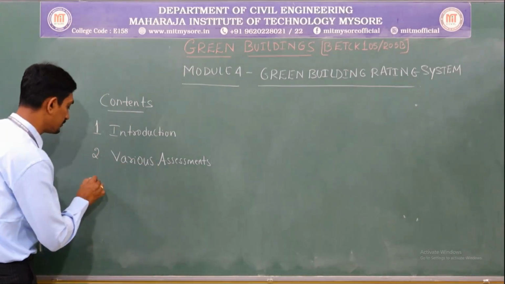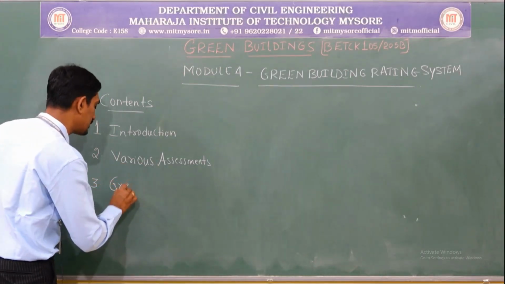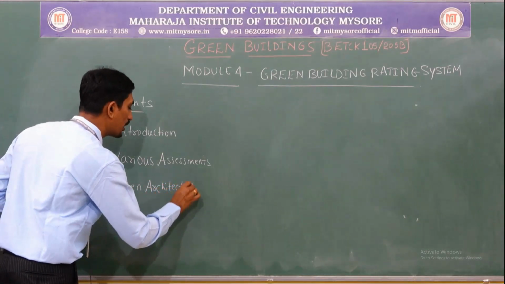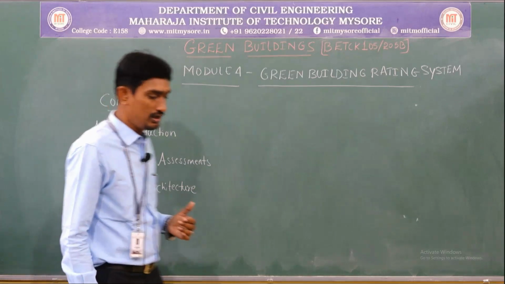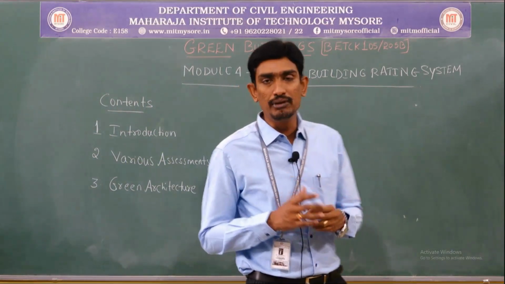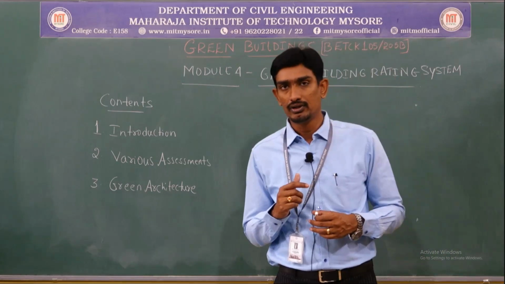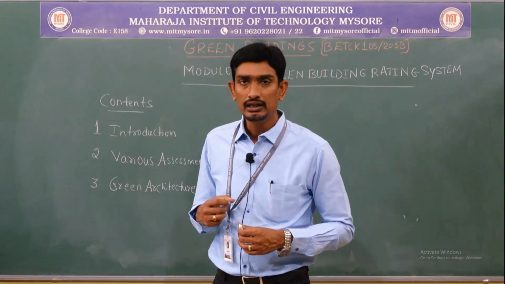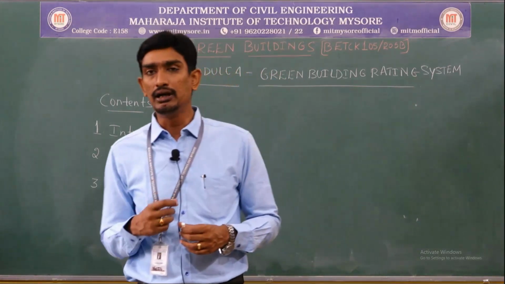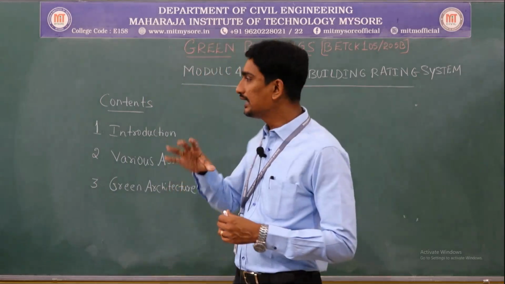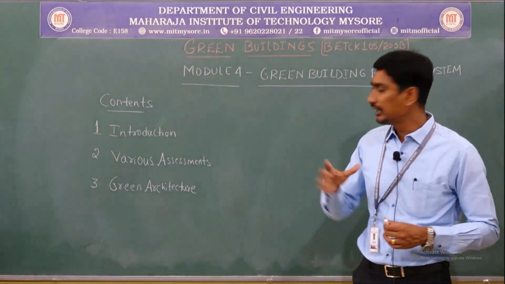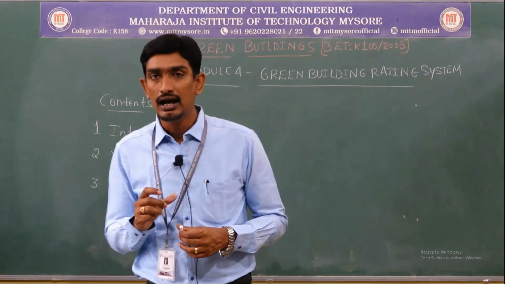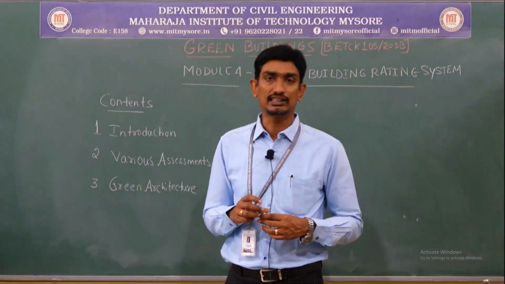Next, after this, I am going to discuss a very important aspect, green architecture. That means if I want to meet the green aspects or green environment in the building, or if I want to accommodate these principles in the building, how I need to manipulate and modify my building in order to meet the green or sustainable aspects.